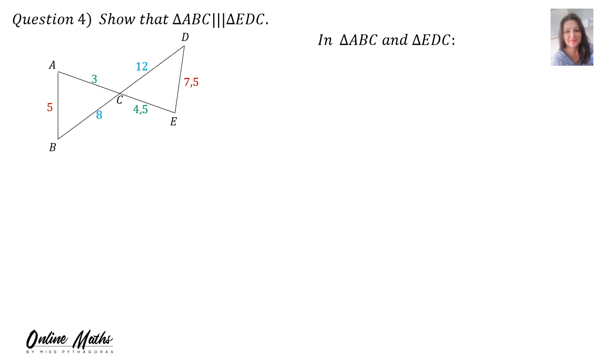But in this case, there are no angles given, only the lengths of the sides. But we have another theorem, and with that one, if we can prove that the three sides are in the same proportion or ratio, then the two triangles will be similar. And let's start with this. We say the longest side over the longest side.